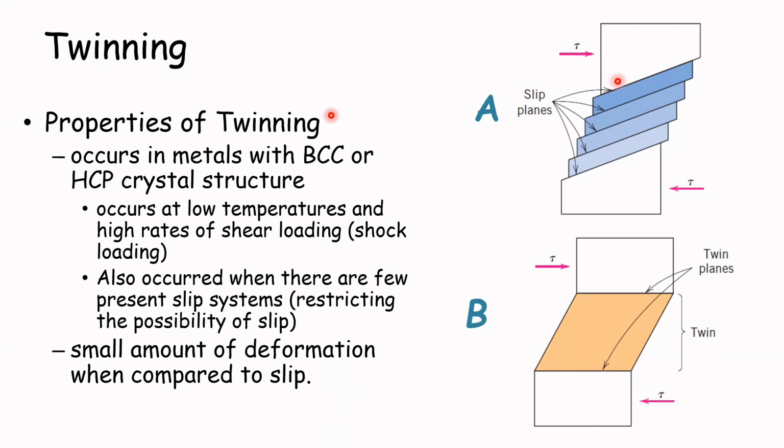However, for twinning, there will be reorientation across the twin plane. In addition, slip occurs in distinct atomic spacing multiples, whereas the atomic displacement for twinning is less than the atomic separation.